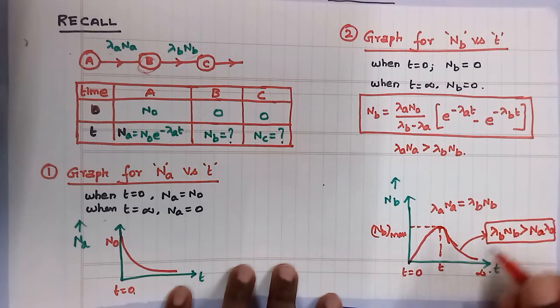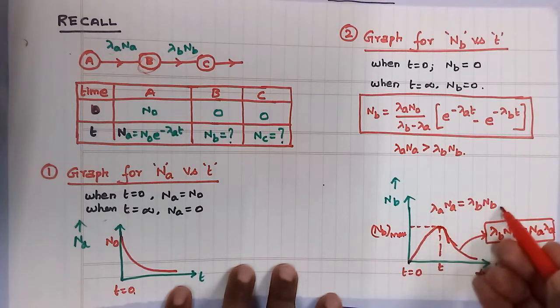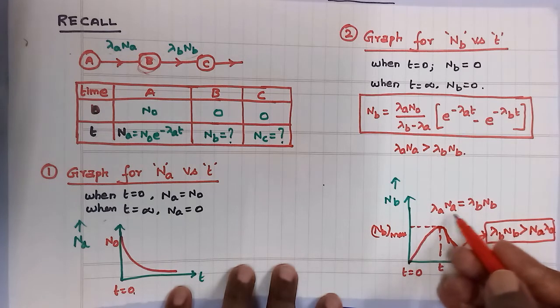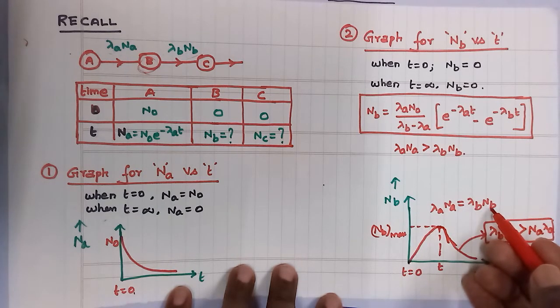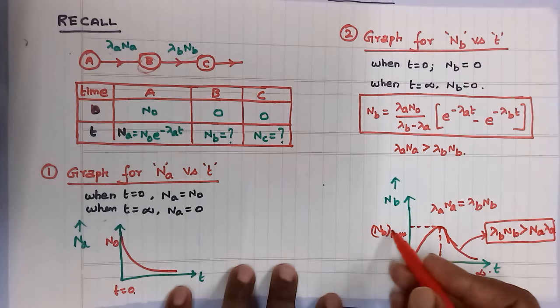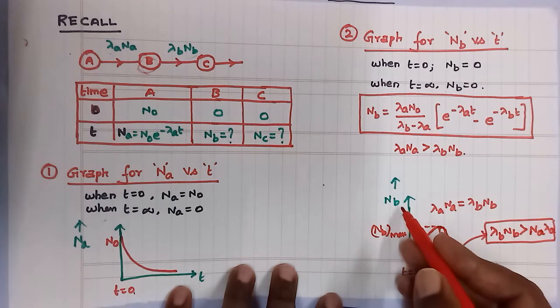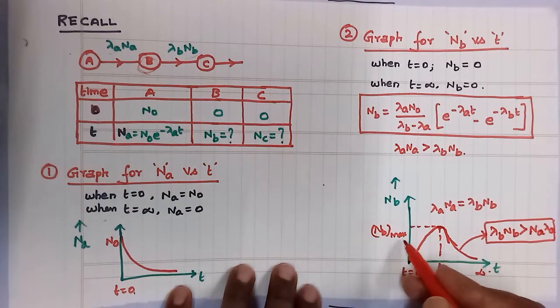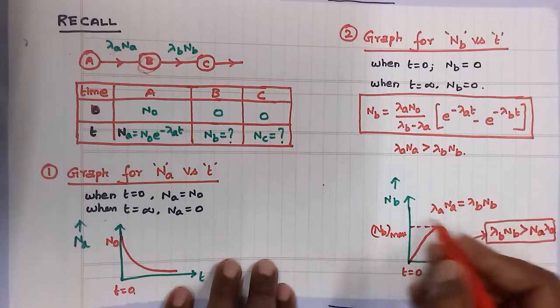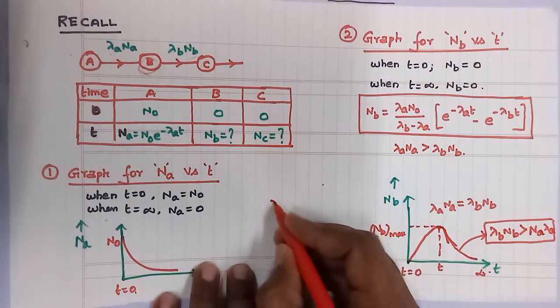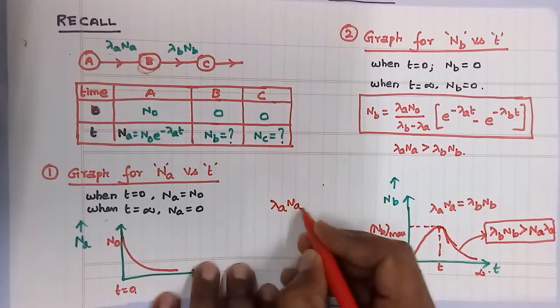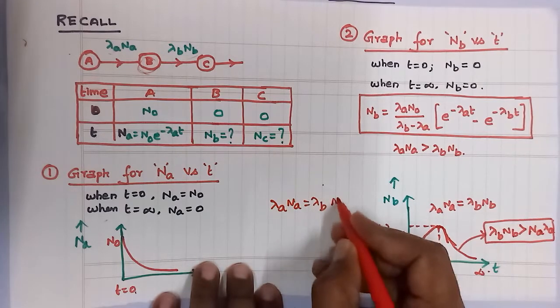At time T, an equilibrium is reached where the activity of A is equal to the activity of B. By that time, the number of nuclei in B will come out to be maximum. So from this relation we can say lambda A NA is equal to lambda B NB.